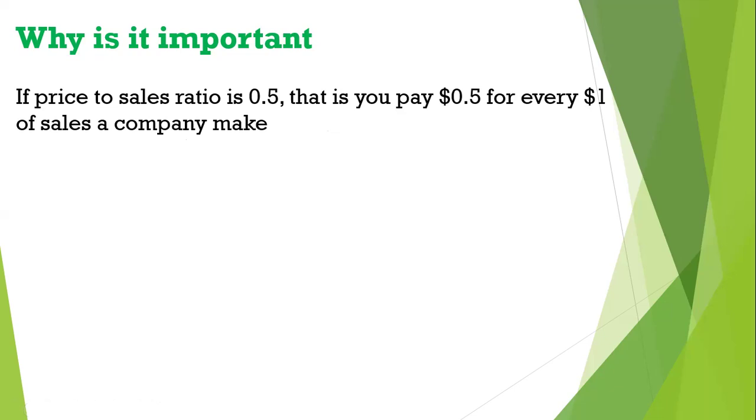In other words, this company is undervalued. So this is a good company. It's giving you more value in terms of revenue, but you're paying less. That's what undervalued means.